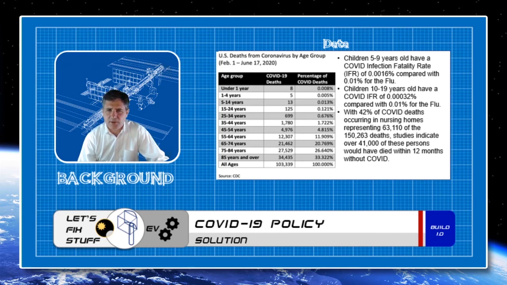And something else that's very important to point out is that, as you might expect, 42% of these COVID deaths across the country occur in nursing homes. And so when we talk about vulnerable populations, that comes right up to the top of the list.